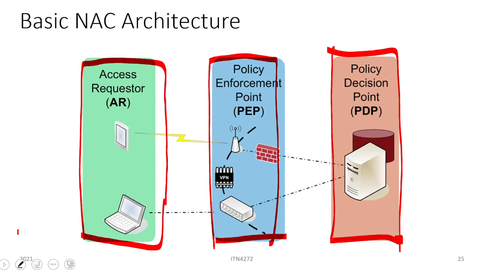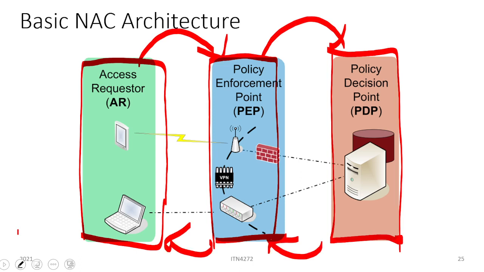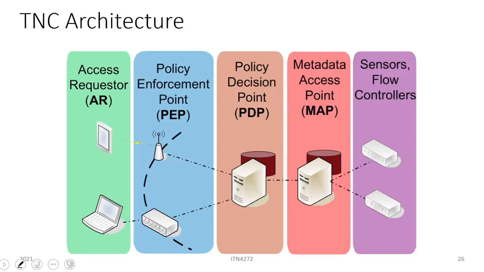This is what we have previously discussed. So the request goes and the response is allow or not. That is the basic way that we structure the basic network access control architecture. With Trusted Network Connect, we have a number of additional components.